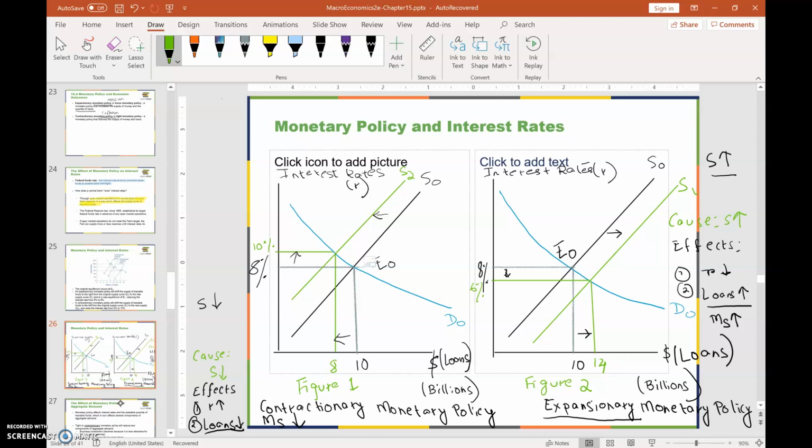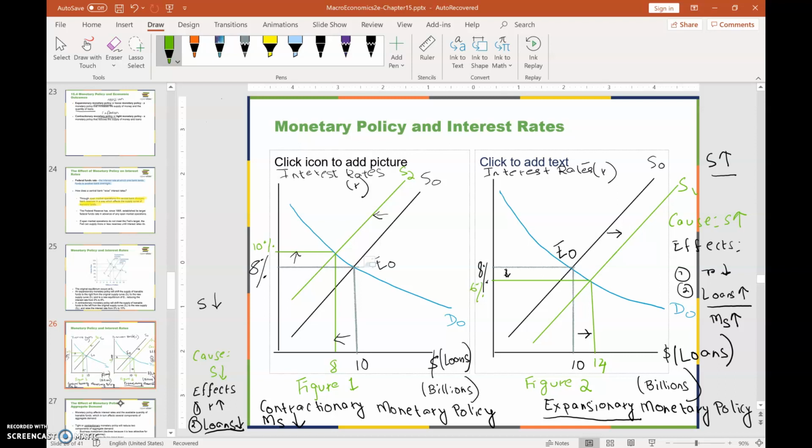Now, if you look at figure 2, we have an expansionary monetary policy where the Fed is increasing the supply of loans, which causes the interest rate to go down from 8% to 6%, and the quantity of loans increases from 10 to 14 billion.